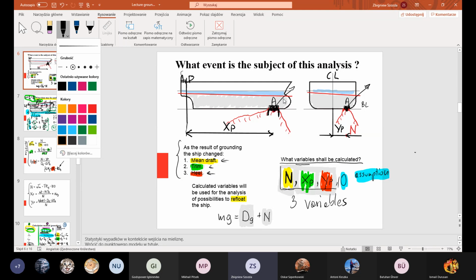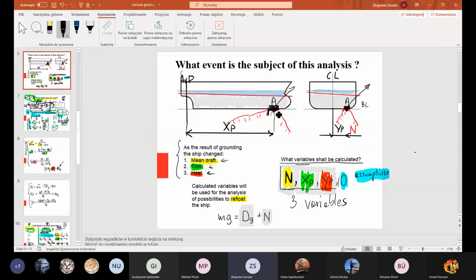So the actual situation is that there is an area of contact. This area is replaced by a point. The name of this point is A, the point of action of the force, and of course the force is somewhere here.